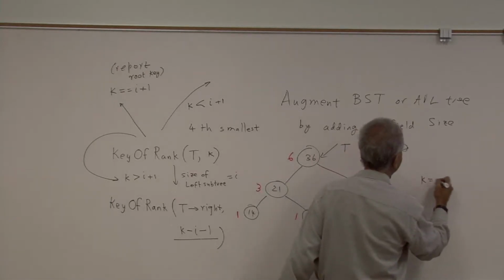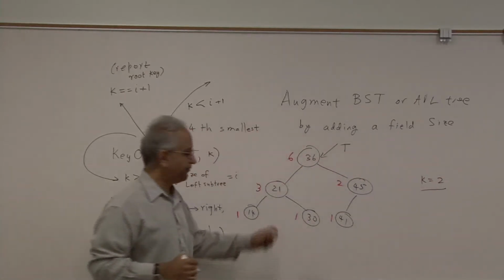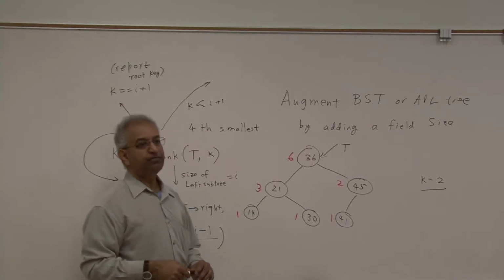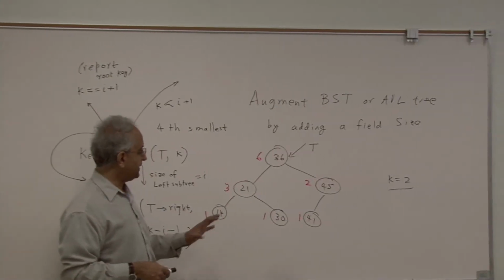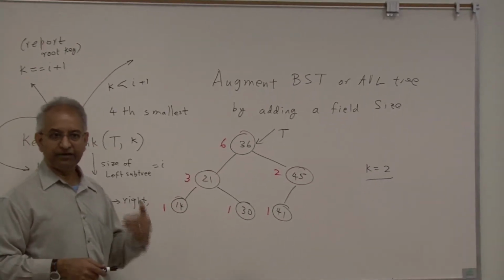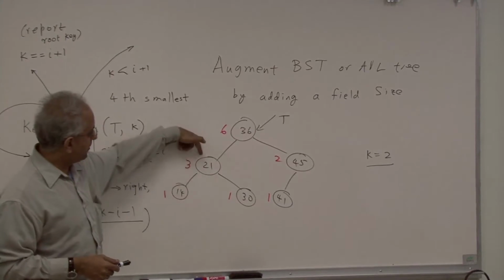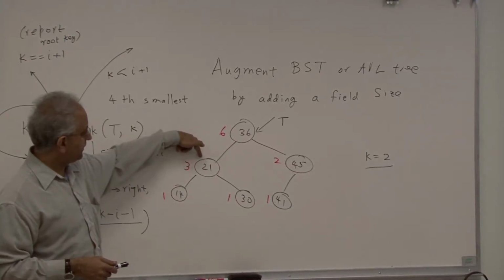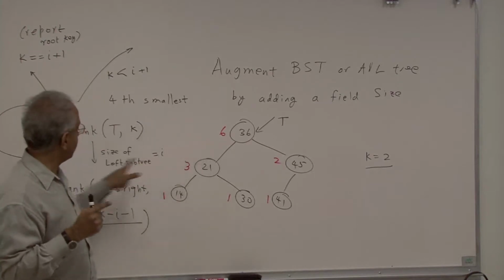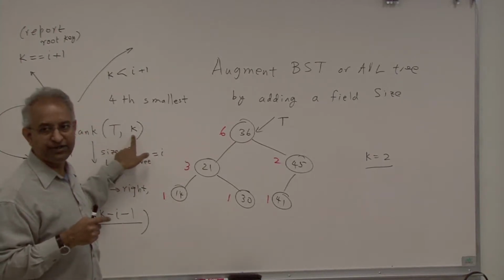So let's take k equal to 2 in this tree. I'm looking for the second smallest key in the entire tree, and to do this, I'm going to make a recursive call. Now I want to find the key in this left subtree. How should the rank be changed?